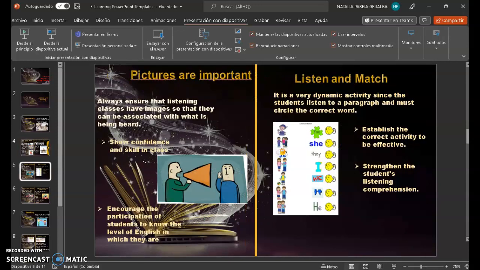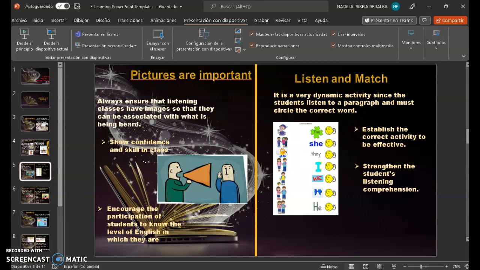On the next slide, to the right, we find a useful tip which emphasizes the image that we must show the student so that they can relate it to what is being spoken to them.